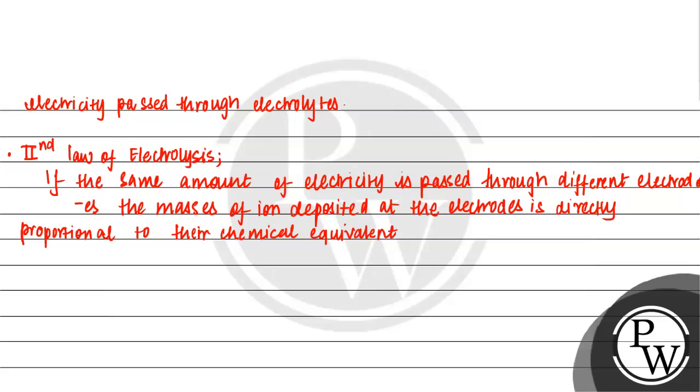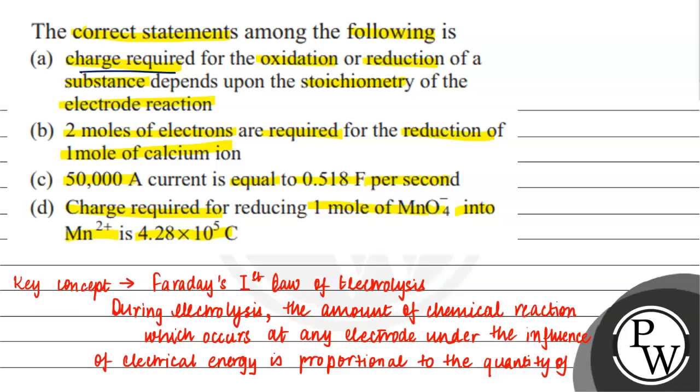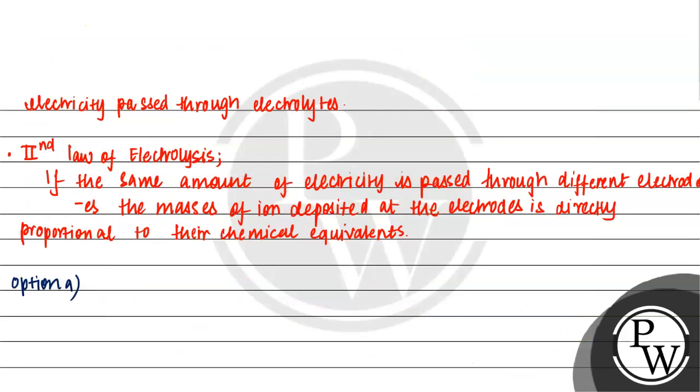Now, if we look at the question that has been given to us, let us first see option A. Option A states that charge required for the oxidation or reduction of a substance depends on the stoichiometry of the electrode reaction. So we can say this in accordance with the two laws that we have seen in the key concept.